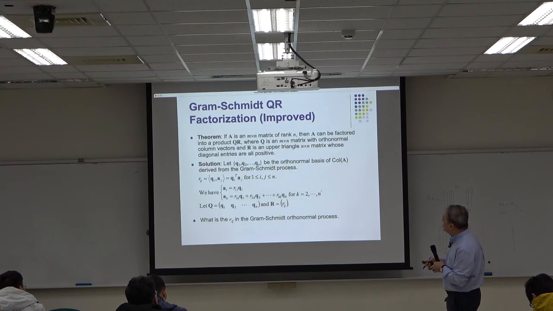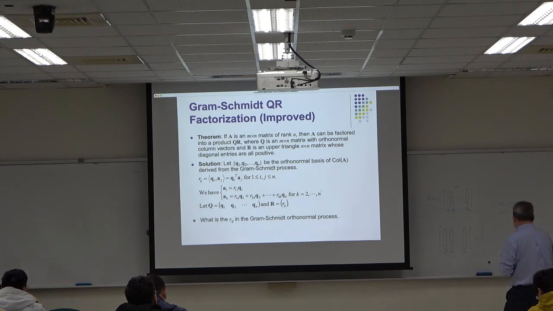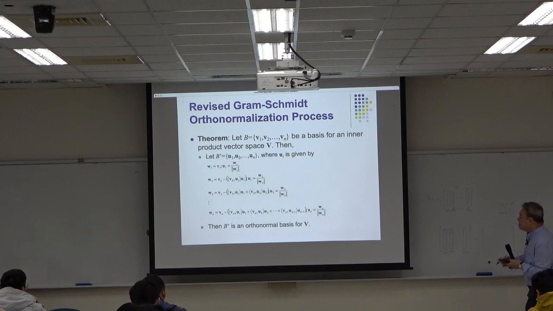QR. So Q is... yeah, R is upper triangular. Yeah, this one.